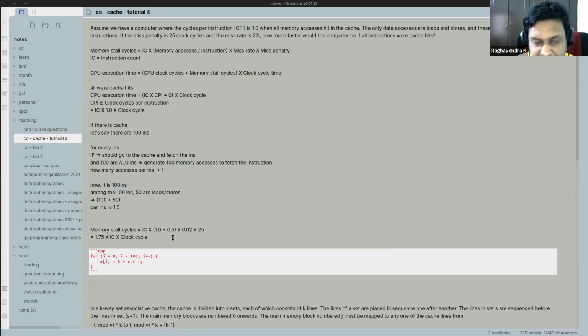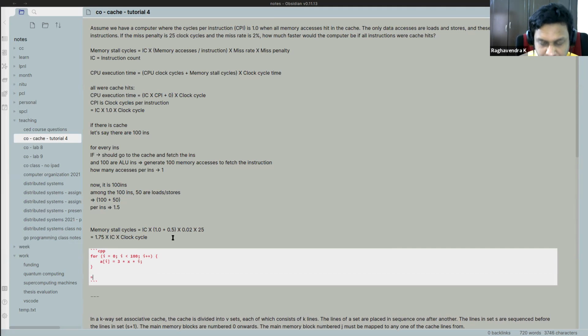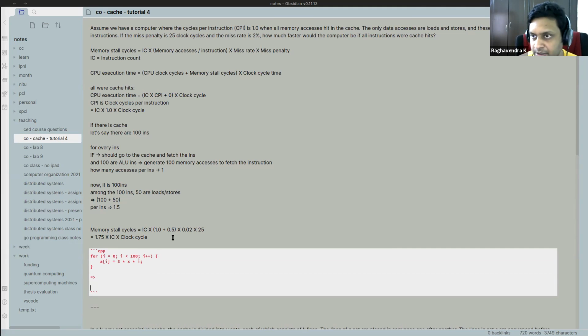Okay, now I have this piece of code. If I give it to the compiler, or if you already know something about the pipeline, you know that this is an if statement, right?